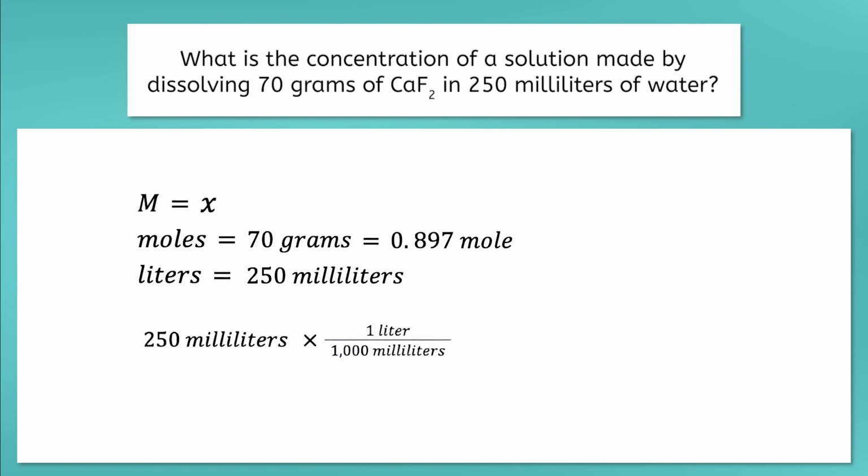Just a reminder, this works because when there are equal values in the numerator and the denominator, it is the same as multiplying by 1. So we have 250 times 1, or 250, and that is divided by 1,000. So 250 milliliters equals 0.250 liters.